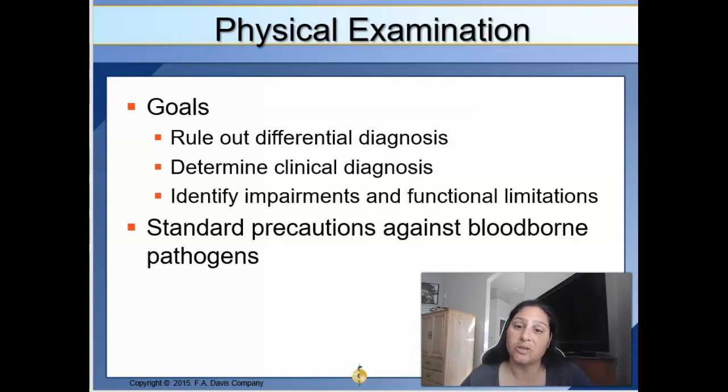So when we are doing our physical exam, we want to rule out differential diagnoses, where we're looking at multiple things that could be going on, and then we're ideally identifying what the issue is. And then we always need to use our standard precautions against bloodborne pathogens. I know this book is a little bit older, but now I would also include COVID pathogens.